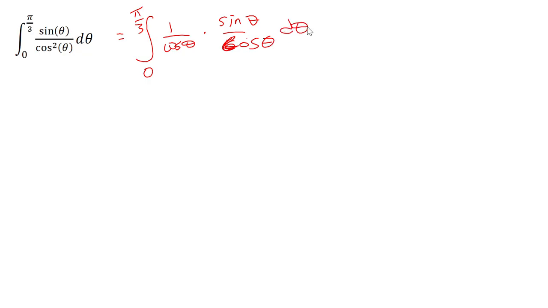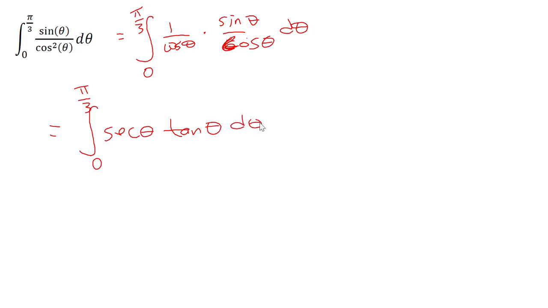We have the sine over the cosine, and we have the 1 over the cosine. That takes care of the cosine squared in the denominator and the sine in the numerator, which of course is just the same as secant theta tangent theta, d theta.